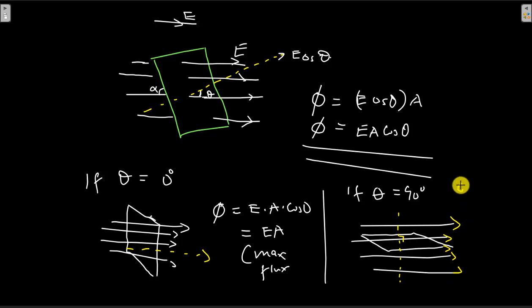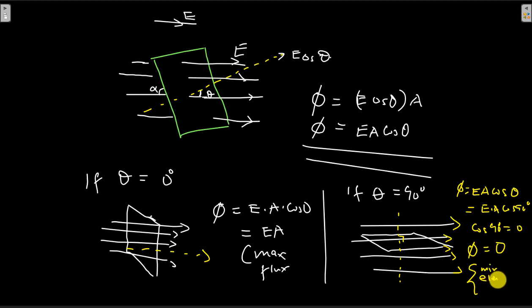The electric flux, which is given by the electric field times the area times cos theta, will be E times the area times cos of 90 degrees, because there's an angle of 90 degrees between the electric field and the normal to the area, and cos of 90 degrees is 0. So the electric flux through the area is going to be 0, and this is the case where we have minimum electric flux.